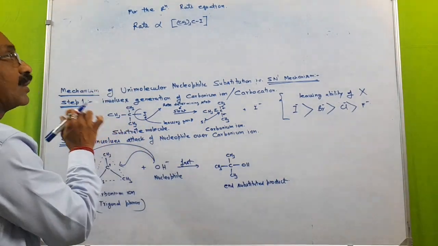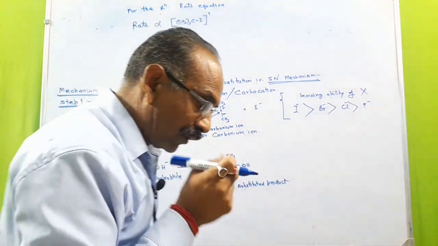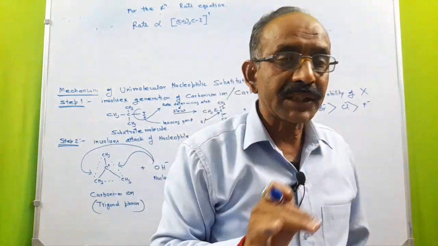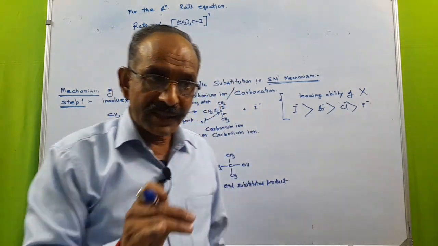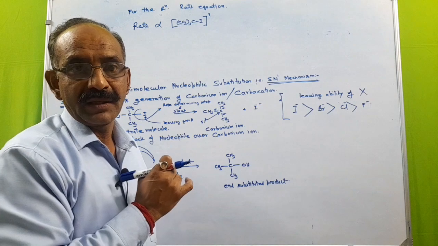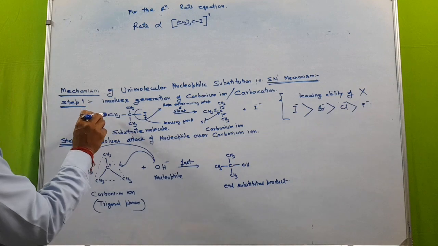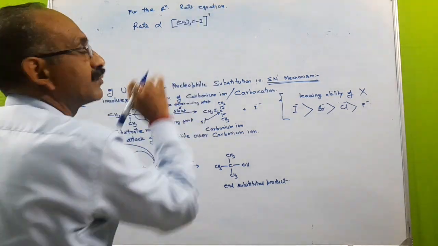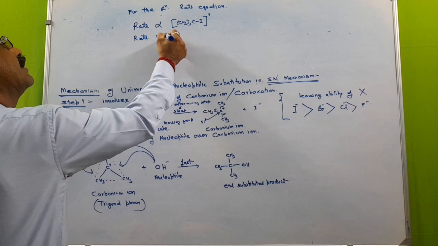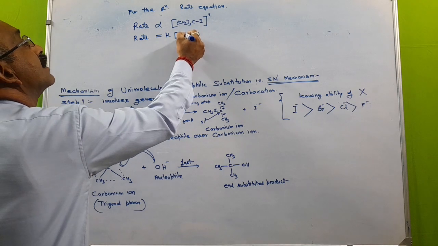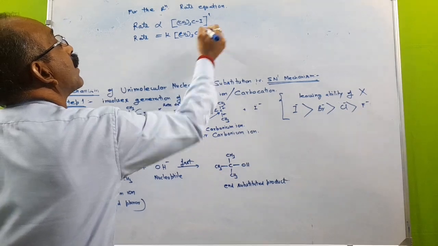As only 1 mole is taken, there will be a power of 1. As per the law of mass action, the rate of reaction remains proportional to the molar concentration of the reactants raised over a power equal to the stoichiometric coefficient. And here the stoichiometric coefficient is 1. When we remove the proportionality sign, we get a constant, and the same rate expression can be written with power 1.